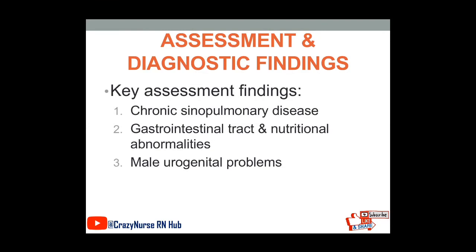The key assessment findings are chronic sinopulmonary disease as manifested by chronic cough and sputum production, persistent infection consistent with typical cystic fibrosis pathogens, and X-ray evidence of bronchiectasis and chronic sinusitis, often with nasal polyps.